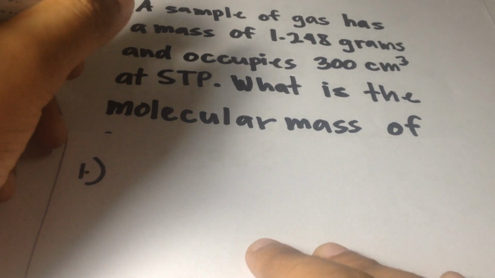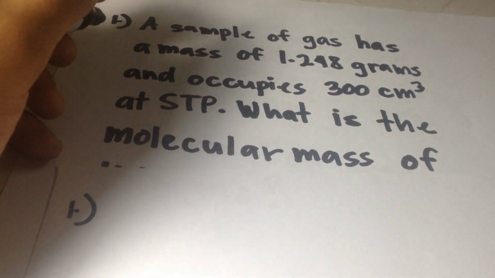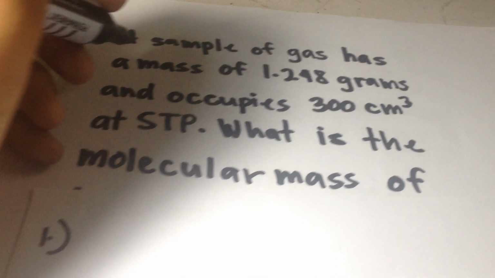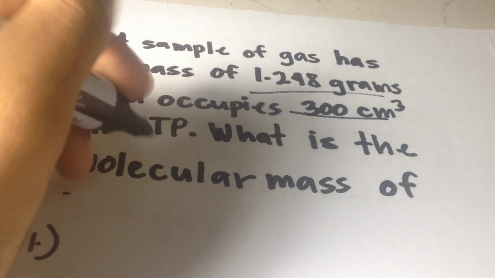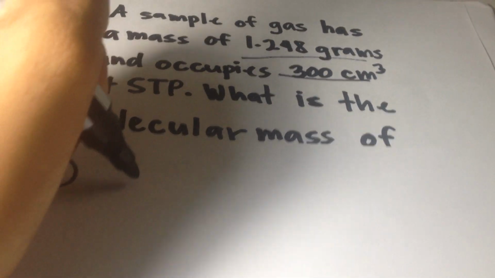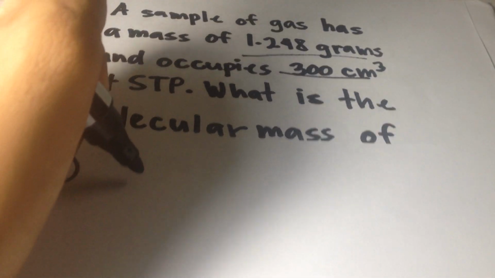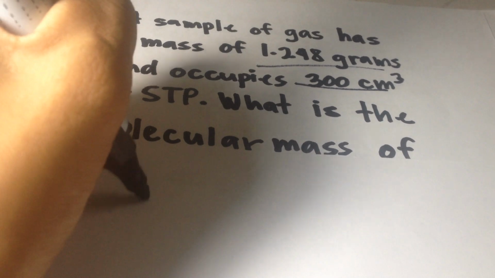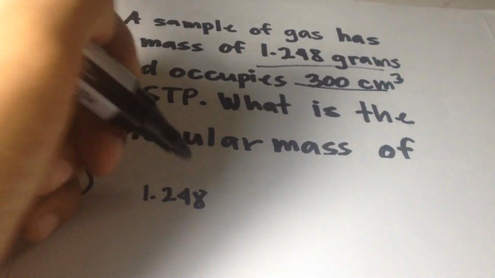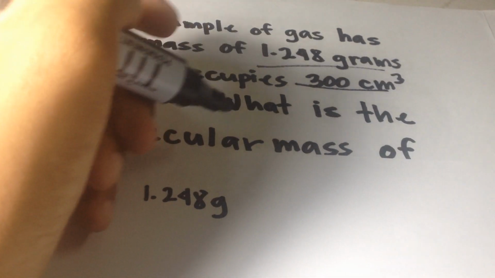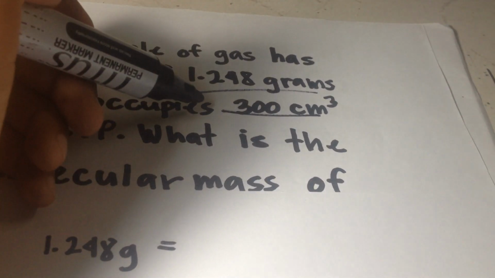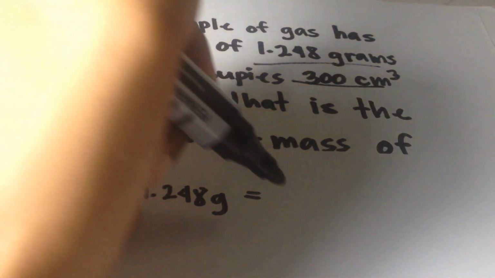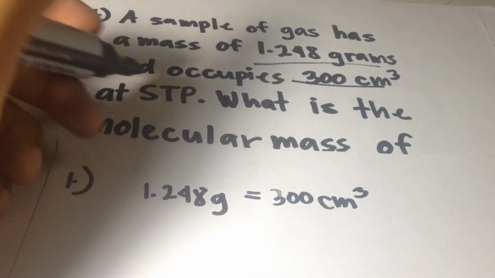So we have a volume here, and we need to make a ratio of this and this. So you write here 1.248 grams is equal to 300 cubic centimeters.